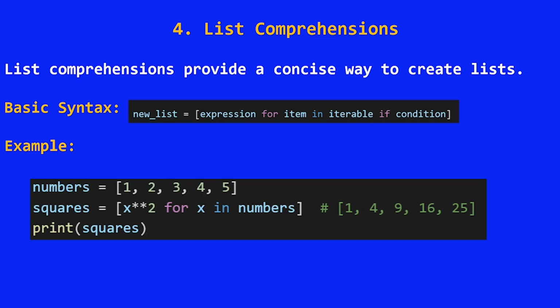Then you are saying x star star 2 for values in numbers, we need to square them. So 1 squared is 1, 2 squared is 4, 3 squared is 9, 4 squared is 16, and 5 squared will be 25. So if we print squares, we're going to get 1, 4, 9, 16, and 25.